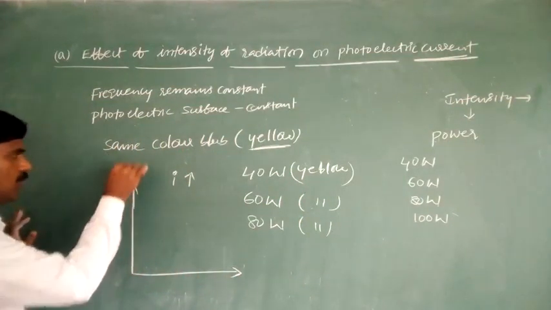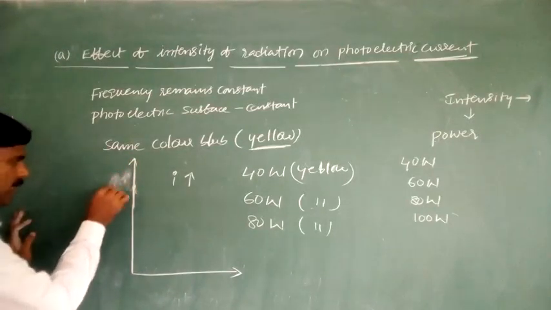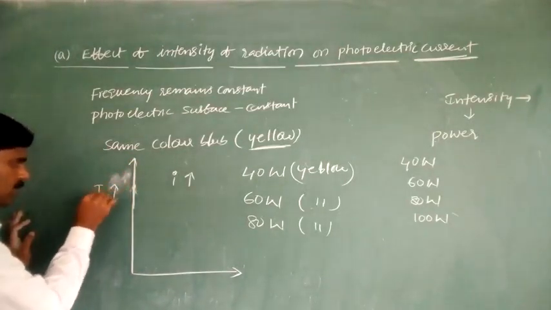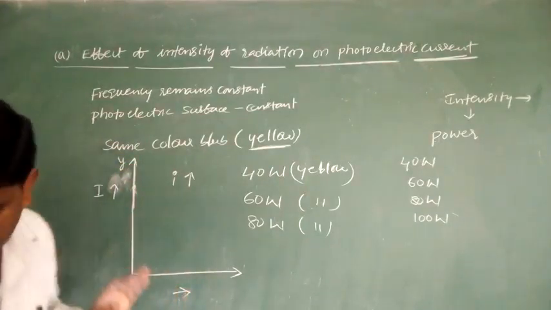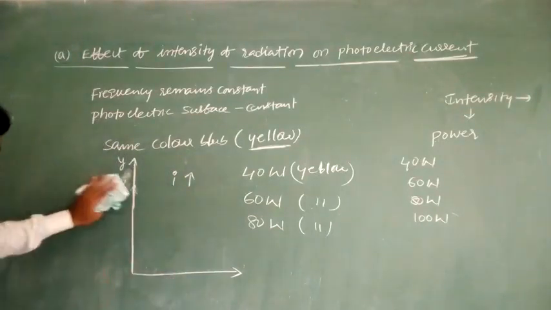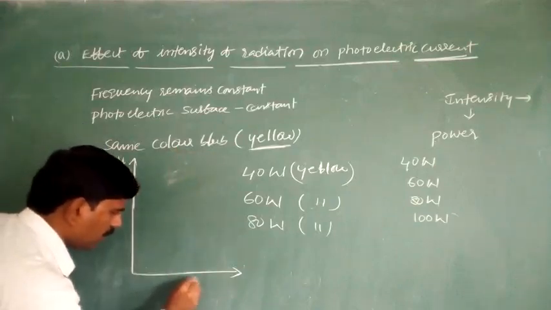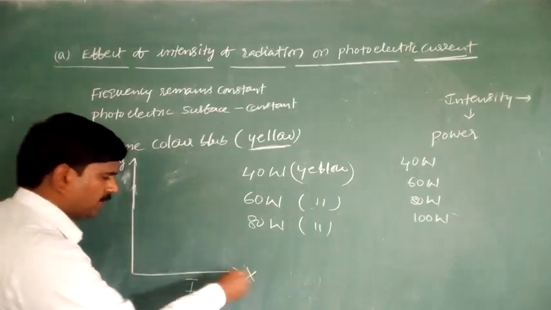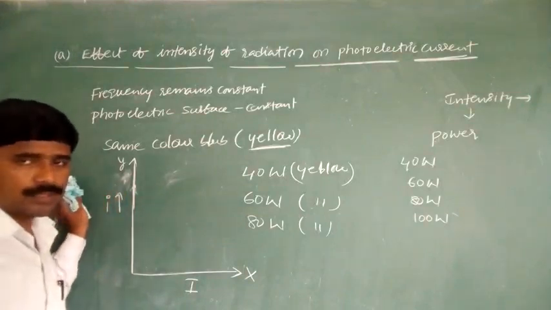Intensity I is the independent physical quantity, which is in our hand, and independent quantities are always taken on the x-axis. So intensity is taken on the x-axis and photoelectric current on the y-axis.